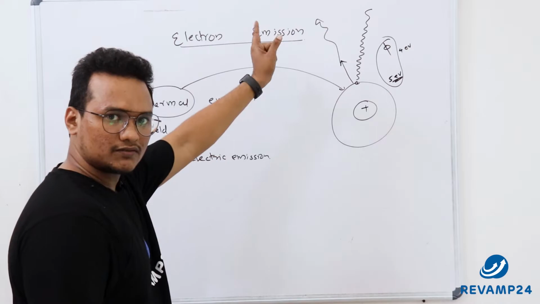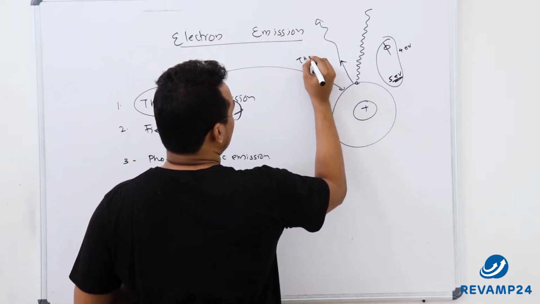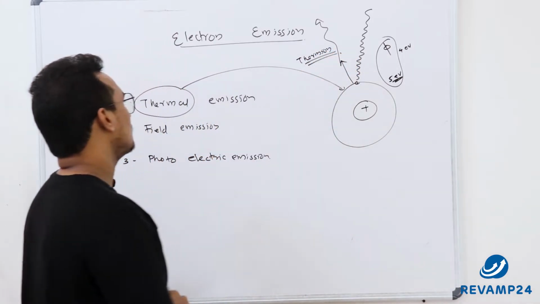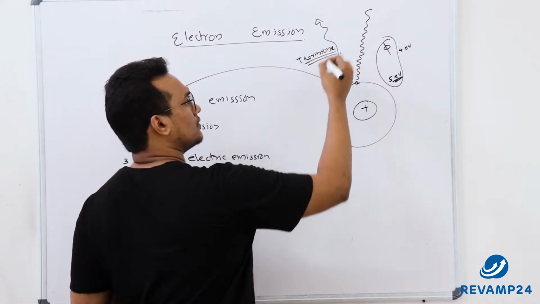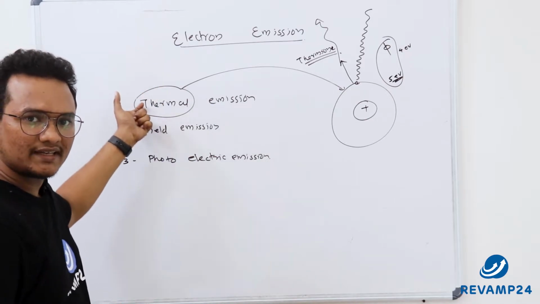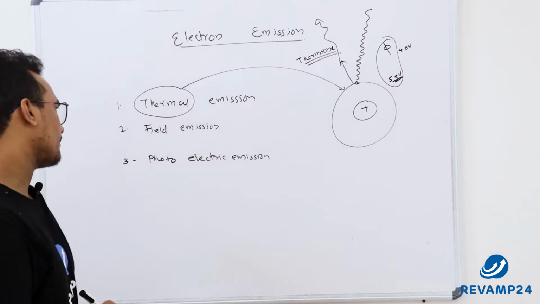These electrons emitted from a metallic surface are called thermions. Why is it termed thermion? Because thermal energy made this emission possible.